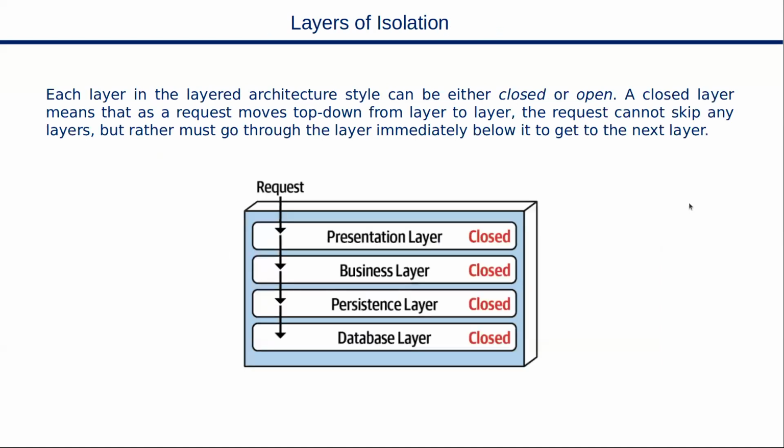Before we switch to the layers of isolation, I will add a few words to the previous slide: generally, the separation of concerns concept within a layered architecture style makes it easy to build an effective roles and responsibilities model within the architecture.